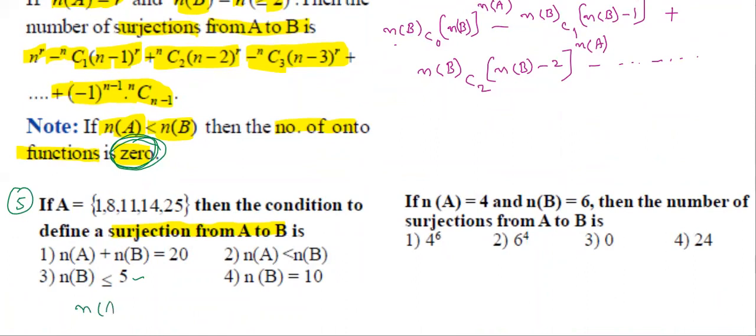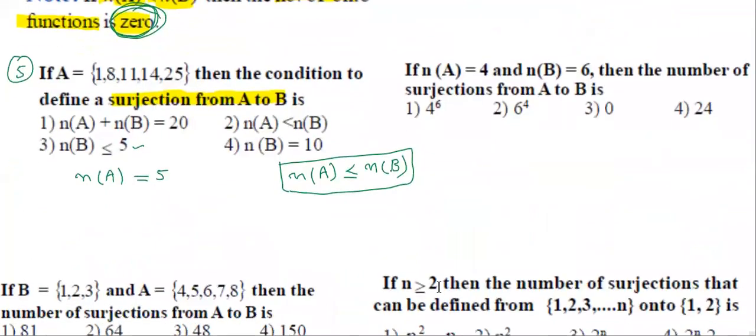There are 5 elements: 1, 2, 3, 4, 5. But what is the condition? n(B) is less than or equal to n(A) means it exists. In set B, if 5 or fewer elements are there, then a surjection exists. Now finally, what is the answer?